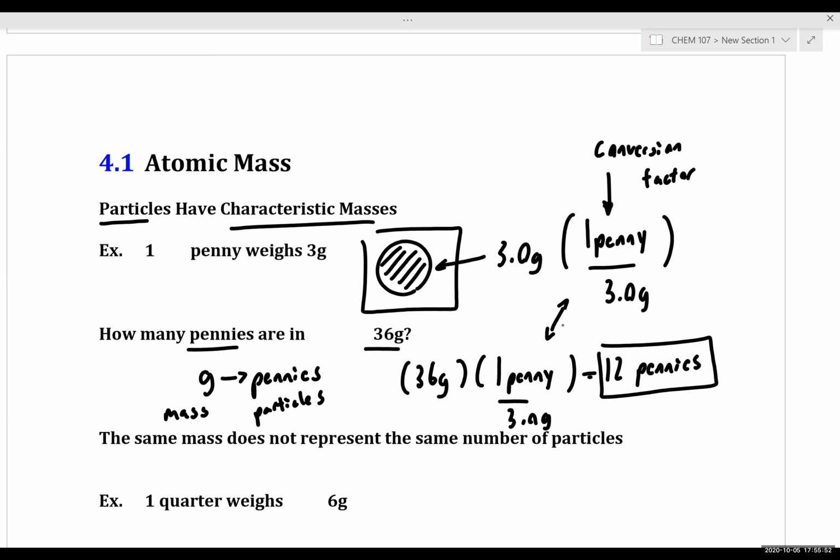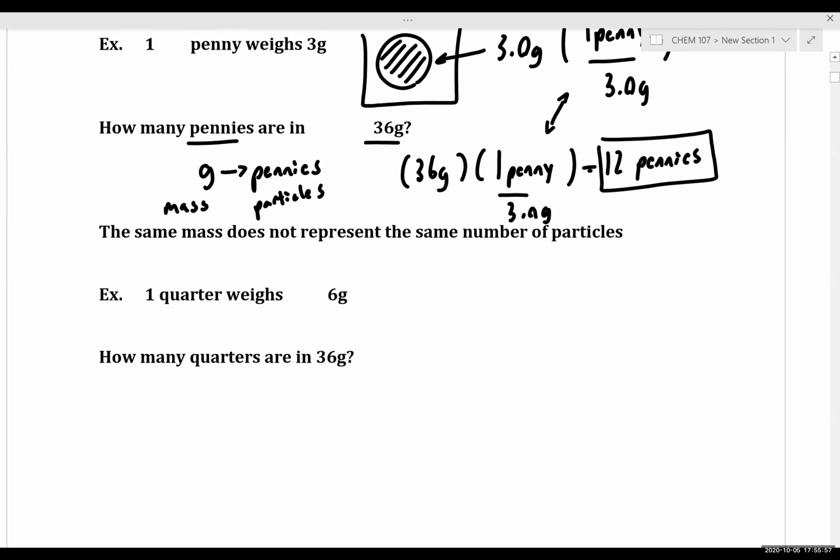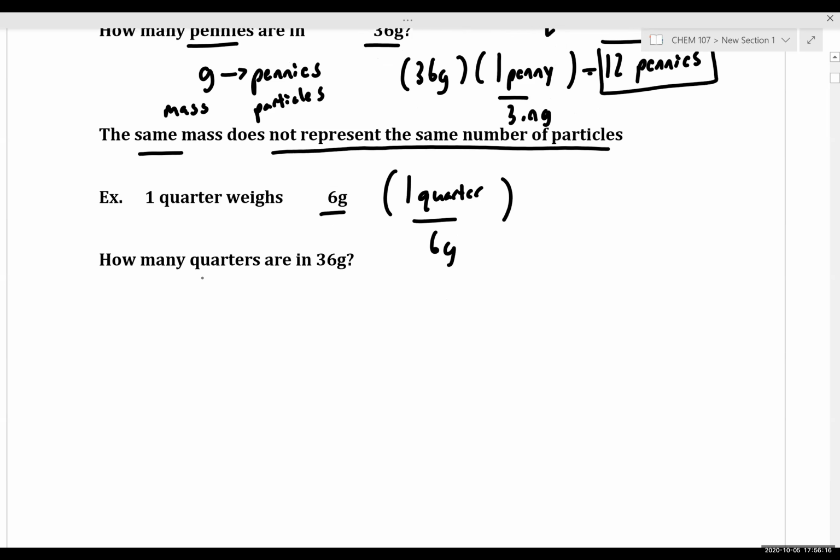Yes. Okay. Now, it's equally important to acknowledge that the same mass does not necessarily represent the same number of particles. So if a quarter weighs 6 grams, I know I have 1 quarter for every 6 grams of quarters, right? So if I wanted to calculate how many quarters are in 36 grams, would someone like to take a guess?